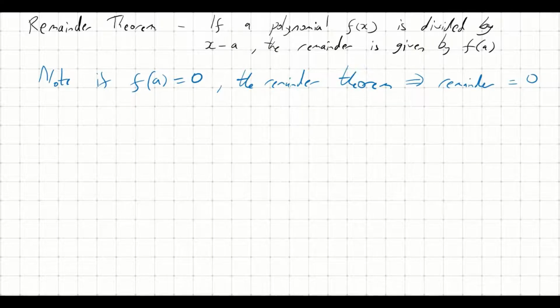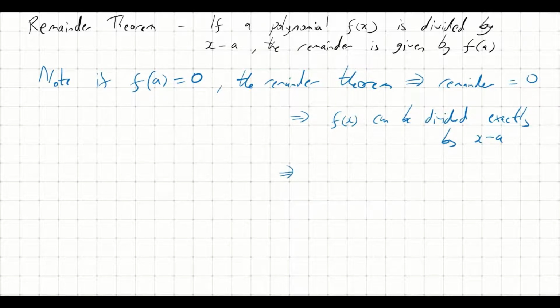Well, if the remainder is 0, that implies that f(x) can be divided exactly by x minus a. Well, what does that mean? If f(x) is divided exactly by x minus a, that means that x minus a is a factor of f(x).